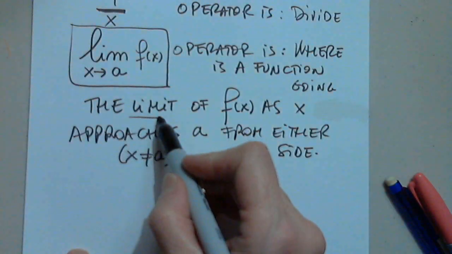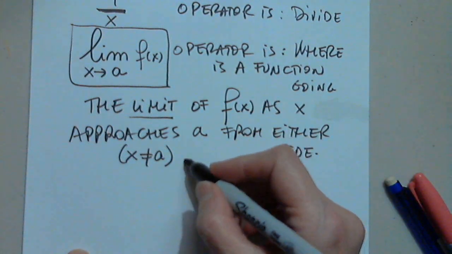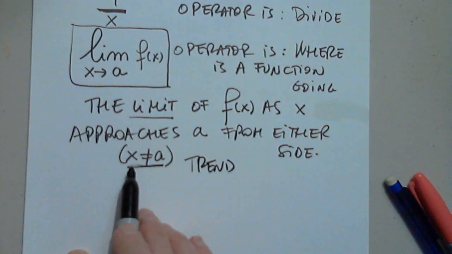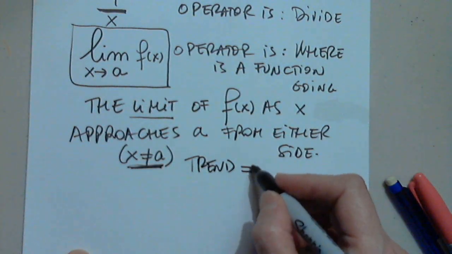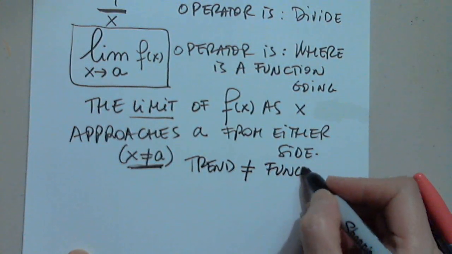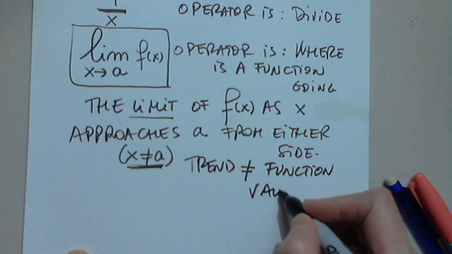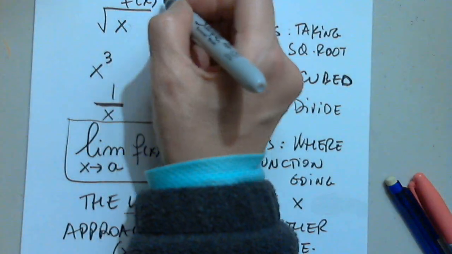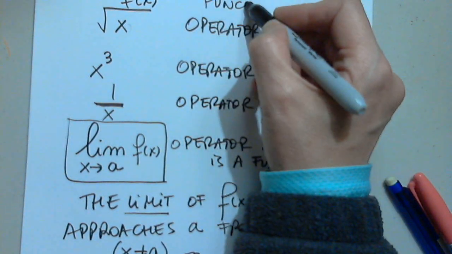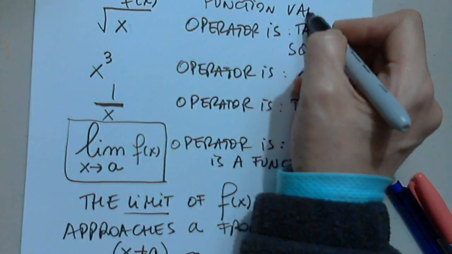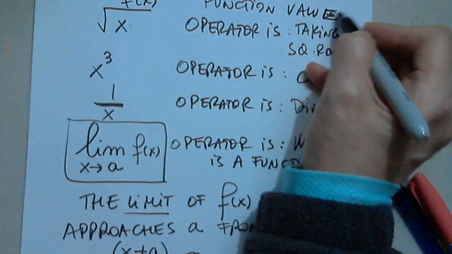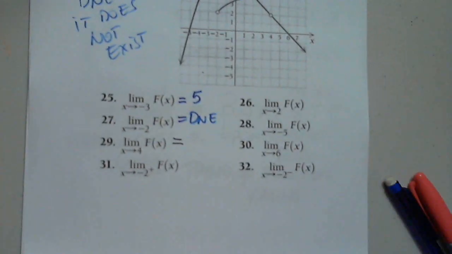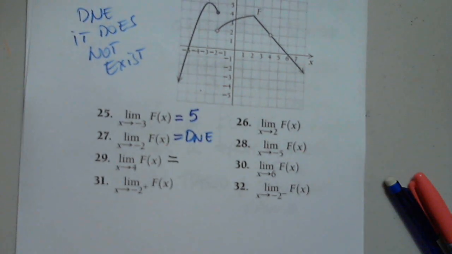So the limit is trend. It does not say anything about the function value. Trend does not equal function value. So that's another operator. So f of x means function value. Function value has nothing to do with the limit, with the tendency or the trend.